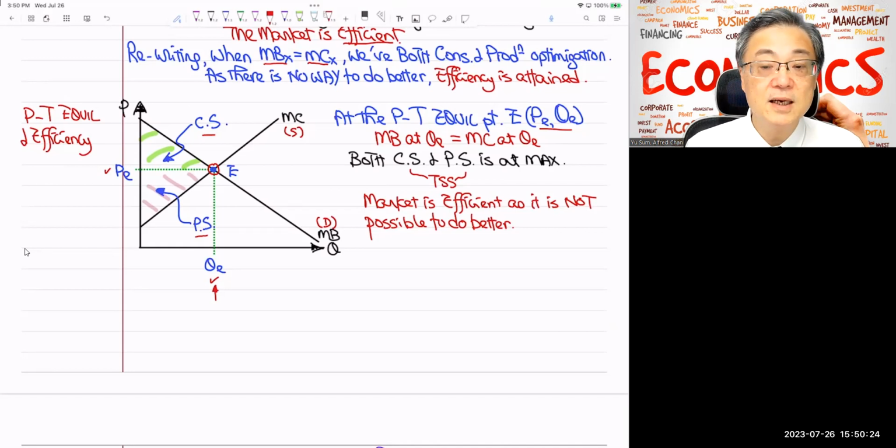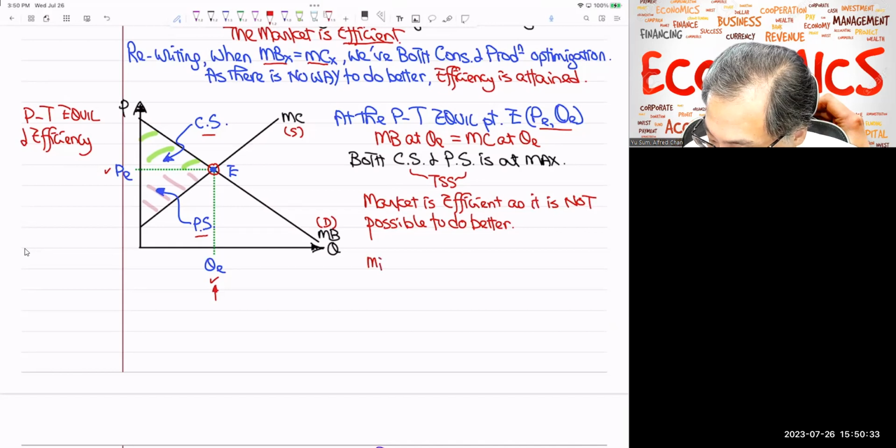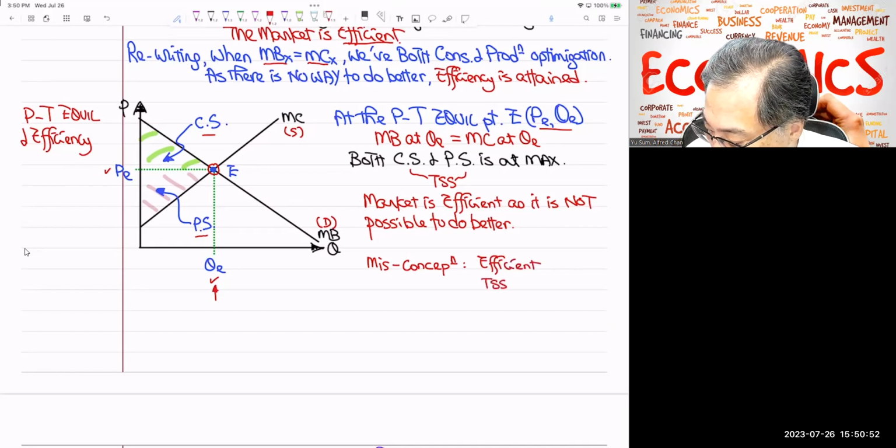Oh, okay, TSS is at max, CS is at max, PS is at max, and therefore when the market is efficient, TSS, CS, PS are at max, and therefore CS equals PS.